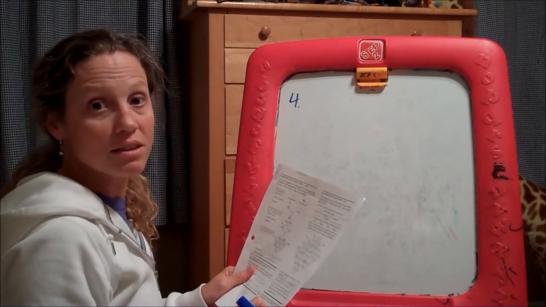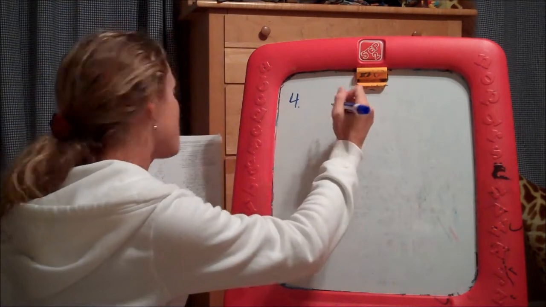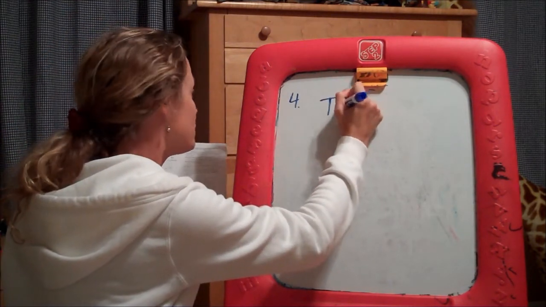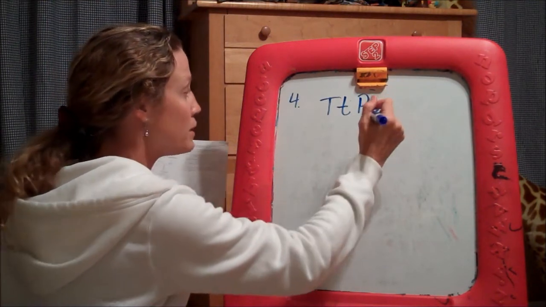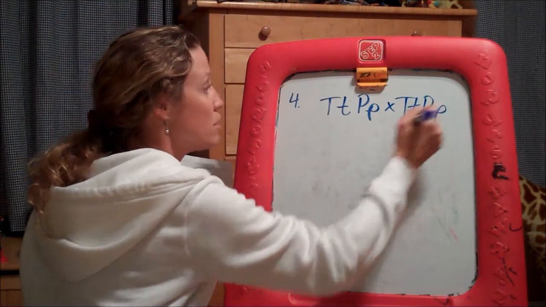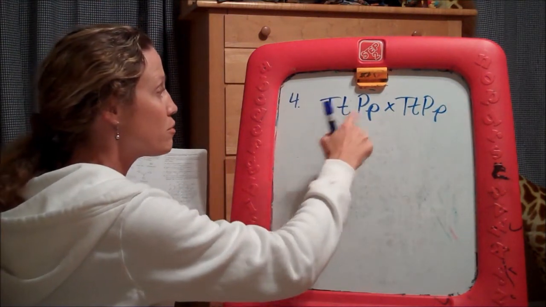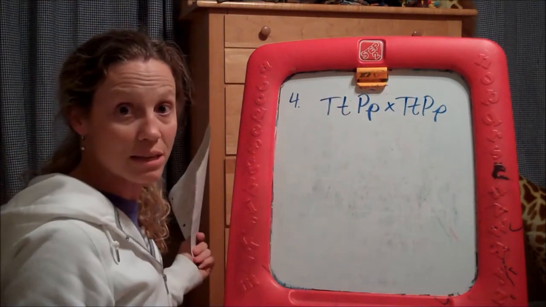It means that they're heterozygous for both things. So if we have big T, little t, and big P, little p, crossed with itself, because that's what you do with F1s, that's a dihybrid, because we're hybrid for that and hybrid for that. Di means two, because we're doing two different traits at the same time.